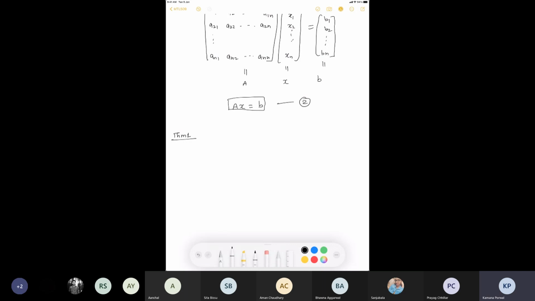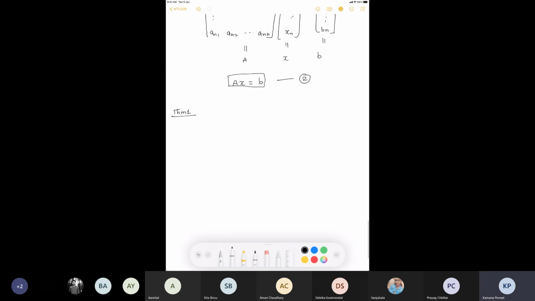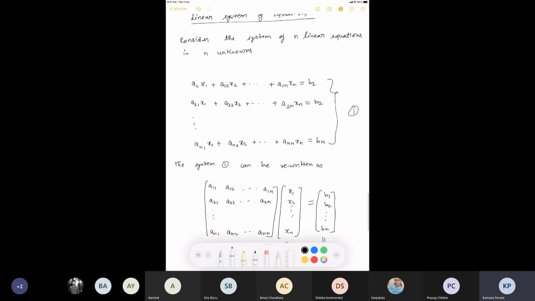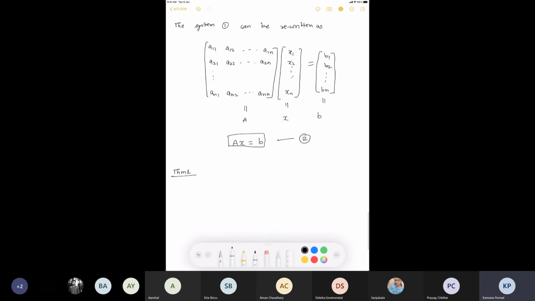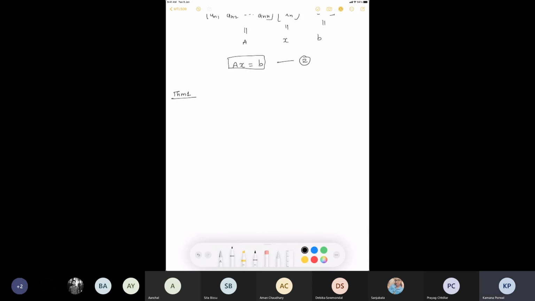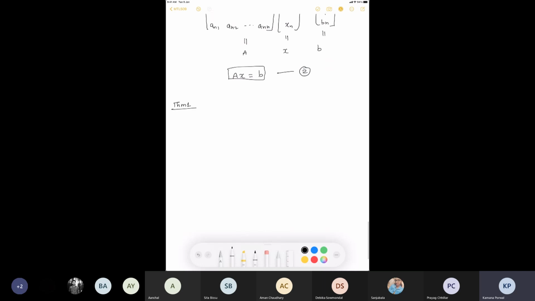If you want a unique solution, you have learned this in the linear algebra course, the rank and the solutions. But here we are in the simple case because we have an n by n system. So I just need the solvability of this, so I need the invertibility of the matrix A.